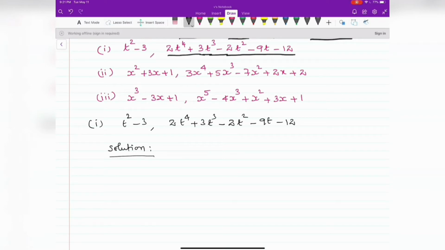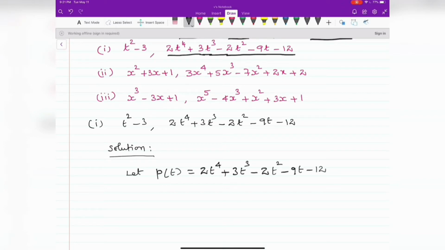Since the given polynomials are in t, let us make the assumption, let p of t be equal to 2t power 4 plus 3t cube minus 2t square minus 9t minus 12.